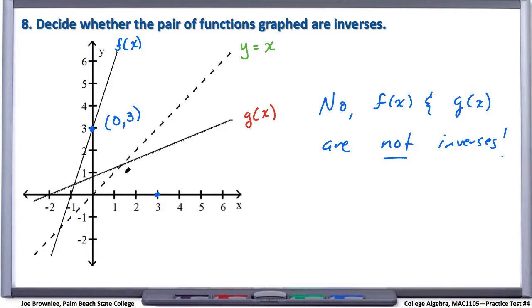In order for g of x to be the inverse of f of x, the point (3, 0) needs to be on g, but we can see that it's not, and so right away we don't even have to test any more points, because the domain and range flipping has to be true for every single point. As soon as you find a single point that fails, you can stop, and the two functions are simply not inverses.